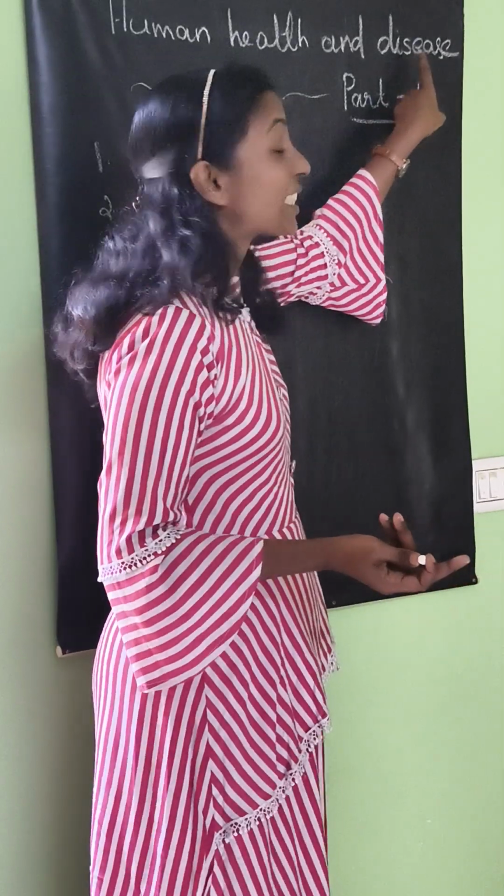So here we have understood what is health: if a person has whole well-being, that is health. The opposite word is disease. So what is disease? The word means discomfort.